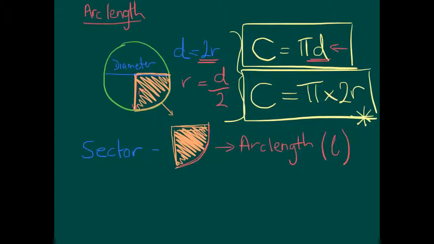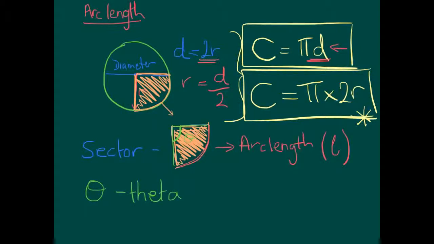So we've almost covered all of our definitions here. The last thing I want to talk about is this little angle here. Every sector, as well as having an arc length, has an angle defined by this little symbol called theta. It's not very clear on that diagram, but it is this symbol here, called a theta.